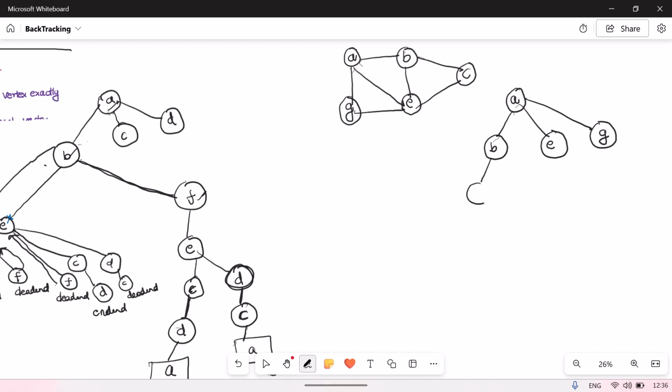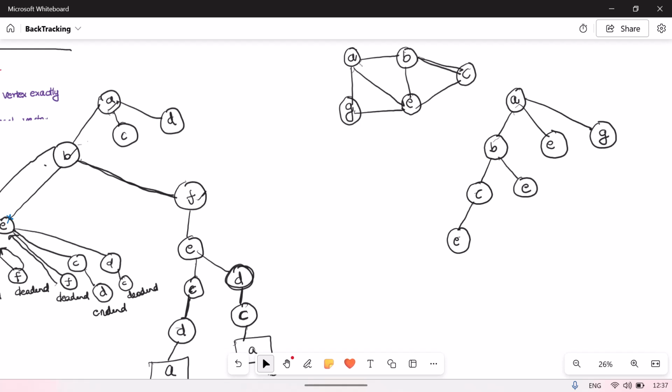From B, let us try to find. From B, I can go to E or C. Correct? From C, I can go to B or E. A is already visited and B is already visited, so the only possibility is E. From E, I have visited all the vertices.